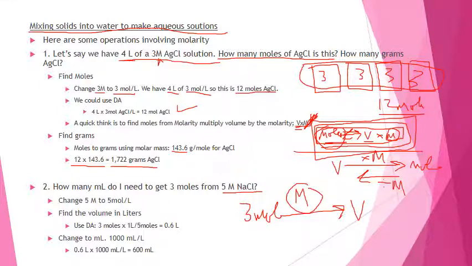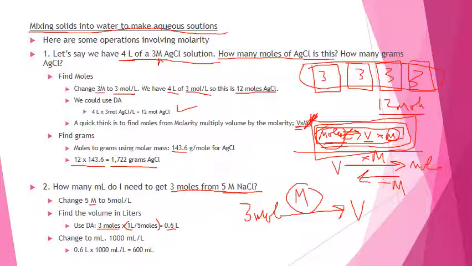Let's see how that works. I have 3 moles of 5 molar NaCl. I change the big M to moles per liter, and then you could set up dimensional analysis: 3 moles times the conversion factor, and you get 0.6.